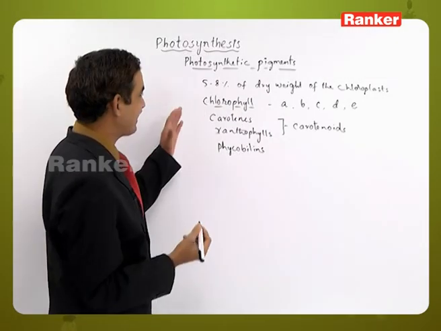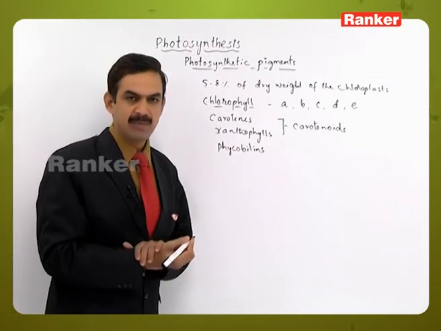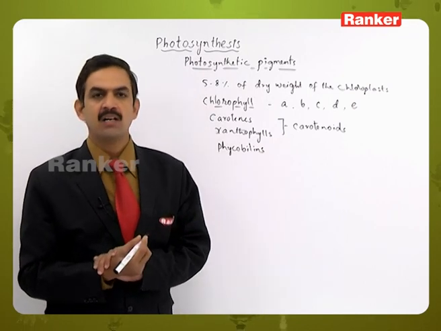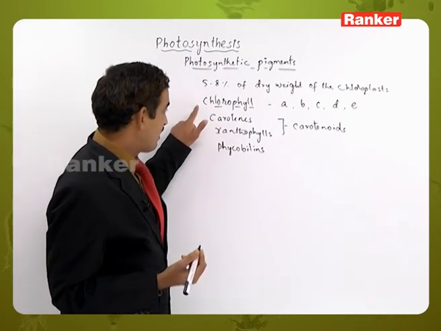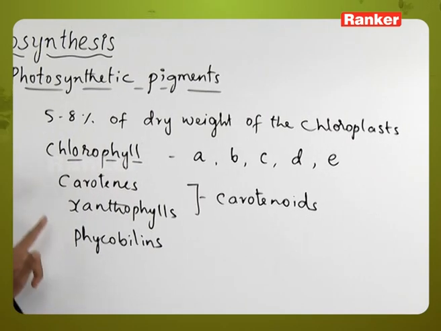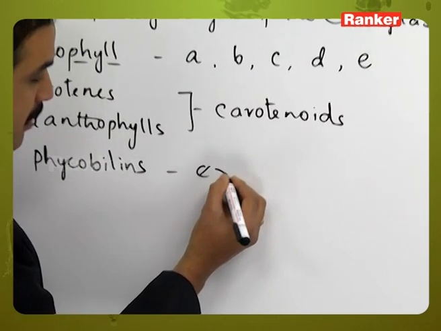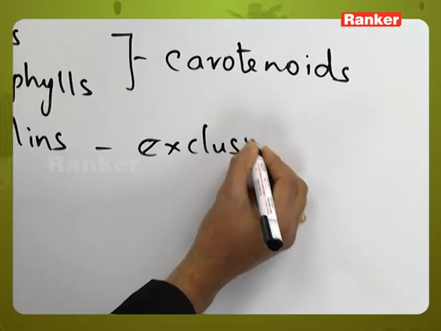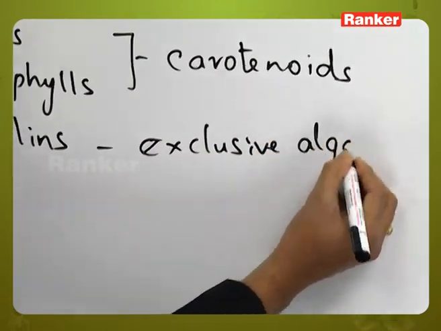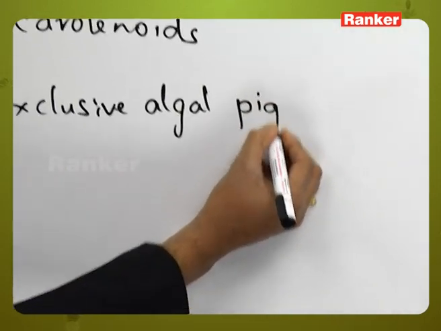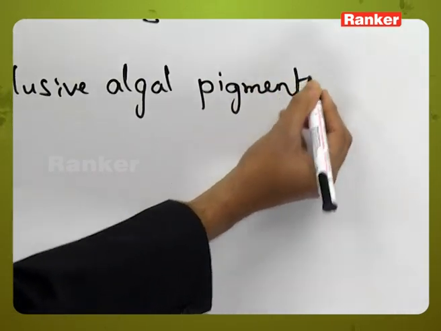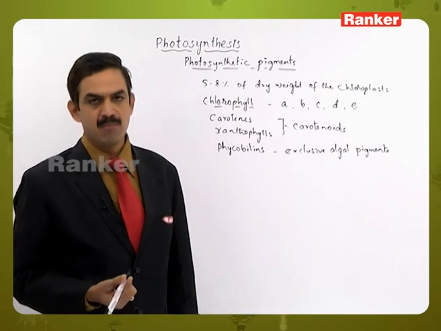Likewise, there are 3 categories of photosynthetic pigments in different types of plants: chlorophyll molecules, carotenoids, and phycobilins. The phycobilins are considered exclusive algal pigments, because they are present only in the algal members but not in any other green plants.